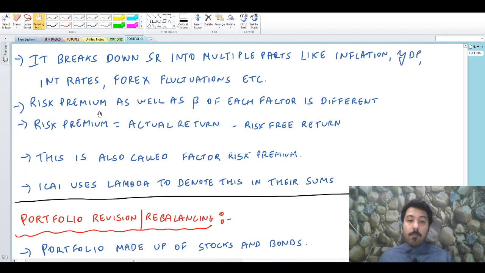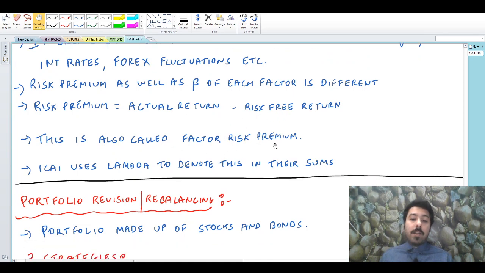Like risk premium, we had market risk premium, what we earned in the extra in the market, RM minus RF, and beta of each factor is different, obviously, how they react to their individual scenarios. And risk premium refers to actual return minus risk free return. We have learned that. This is also called factor risk premium, and ICI uses lambda to denote this in their sums.